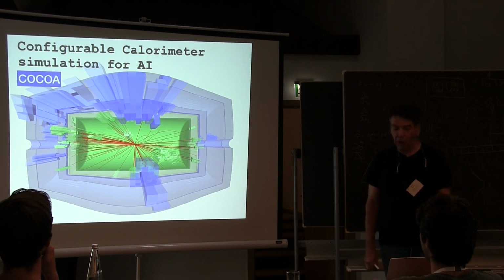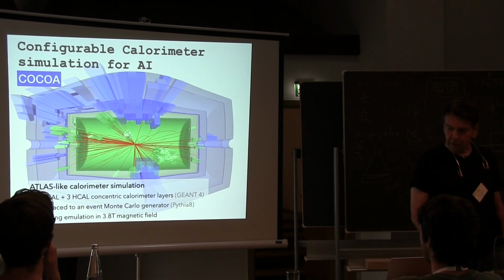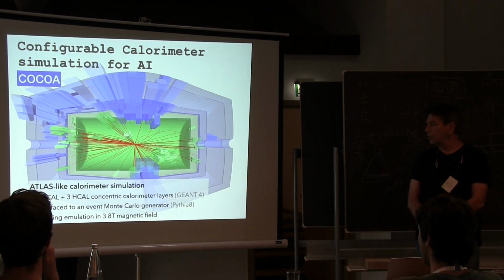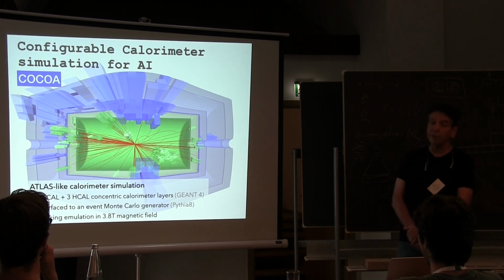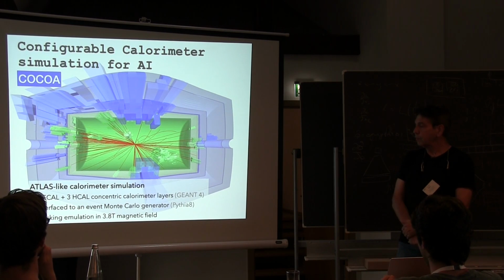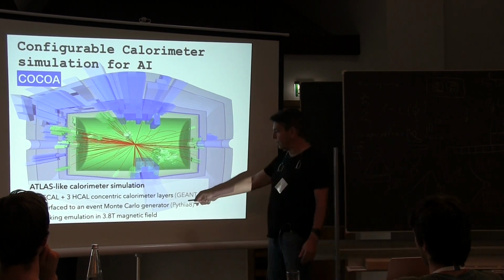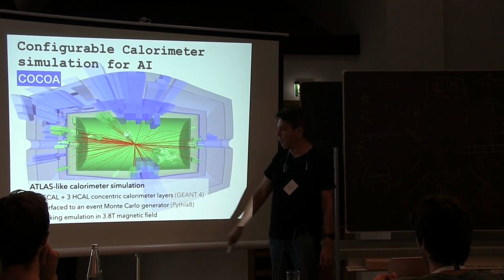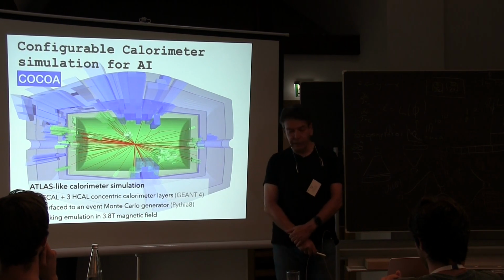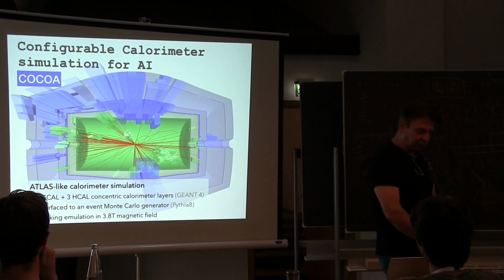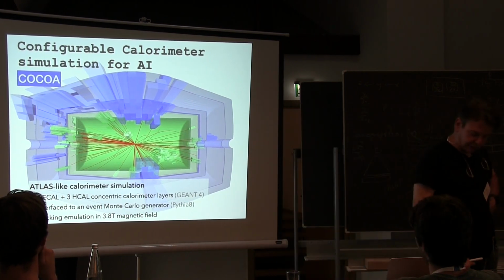And this is COCOA. So the overall description of COCOA is 3 electromagnetic layers plus 3 hadron layers, concentric. It's interfaced to Pythia, the event generator. This is made with Geant4, and it exists in an environment of a magnetic field, just like a real detector.